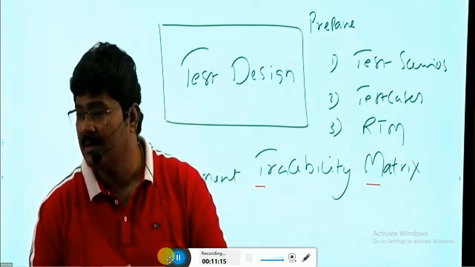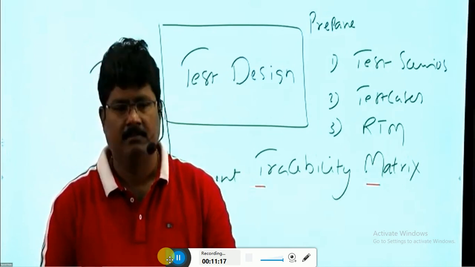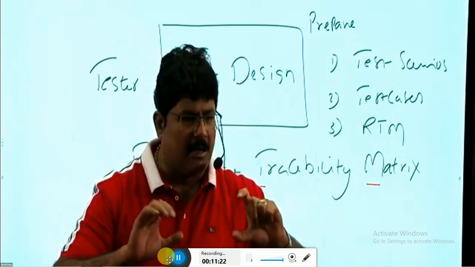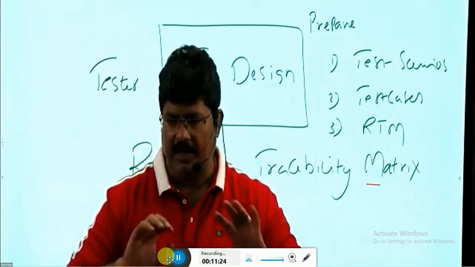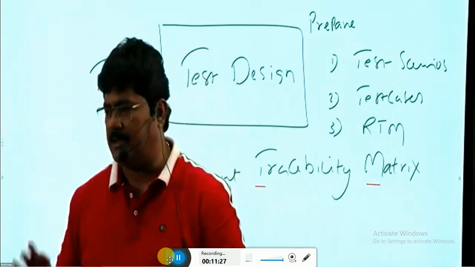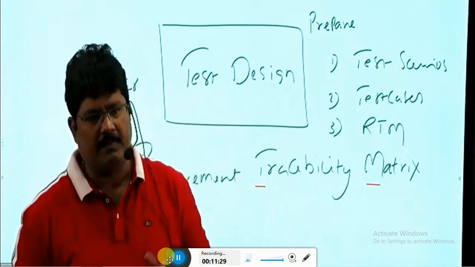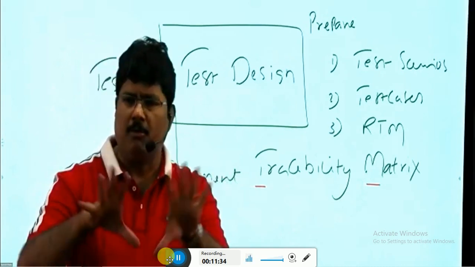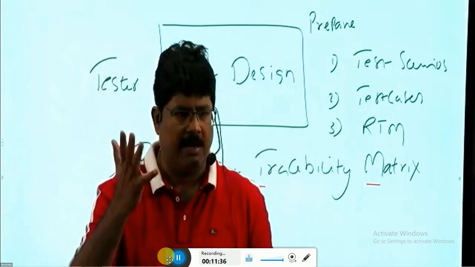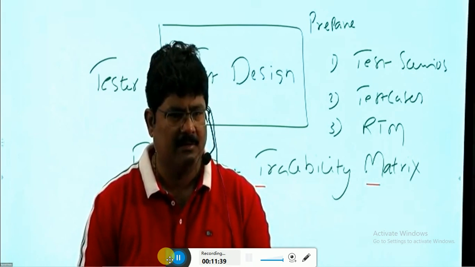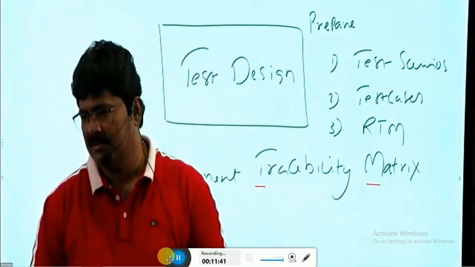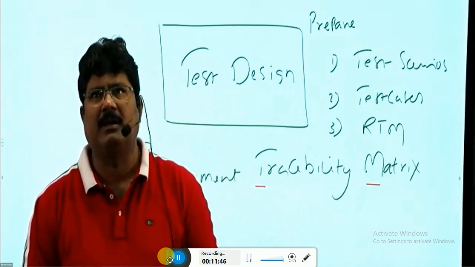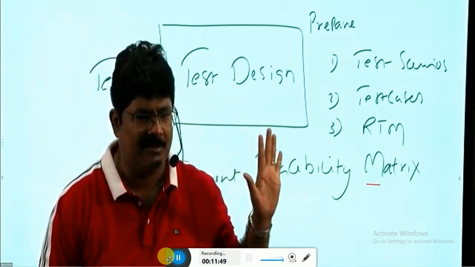Not to miss any requirement, to ensure 100% requirement coverage. If I start testing directly without proper documentation on a big project with so many modules and features, we cannot remember everything every day. A weekend comes, two or three days of no work, and next week what I did last Friday is gone.